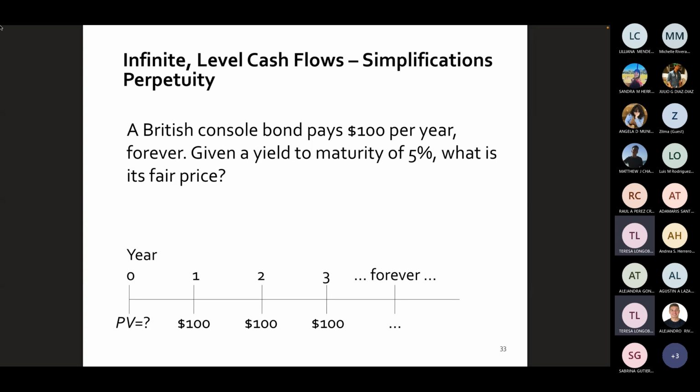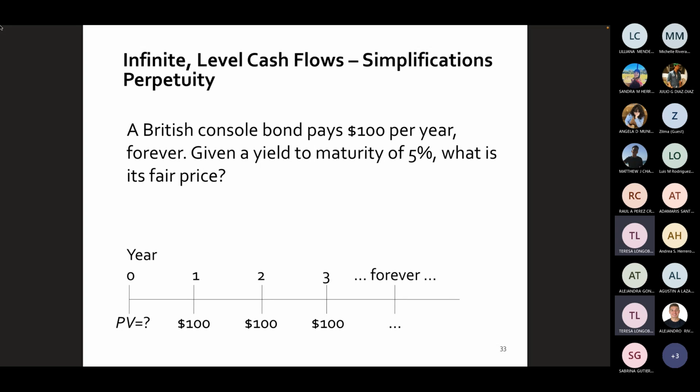Here's an example of infinite cash flows. A British consul bond is a bond that is available, I have to check if it still is or has been available in the United Kingdom.